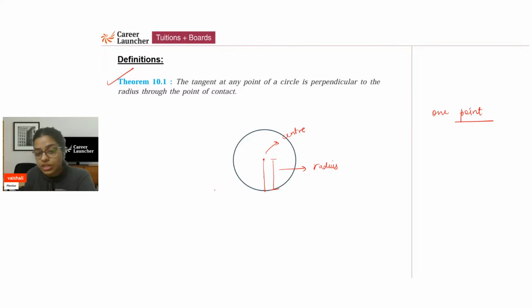So for instance ये मेरे पास एक tangent है, ठीक है, so this is my PQ tangent. Like I said it is a straight line, but the खासियत ये है कि it will make 90 degree with the radius through the point of contact. Okay, so as you can see if this is my AB, so AB will be perpendicular to PQ. That is what my theorem is saying, right?